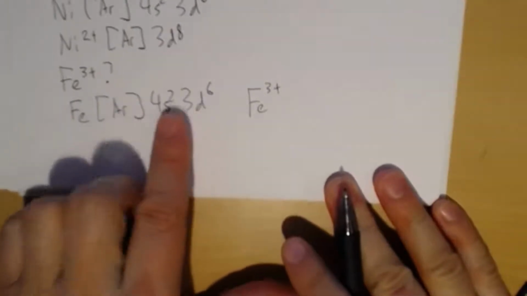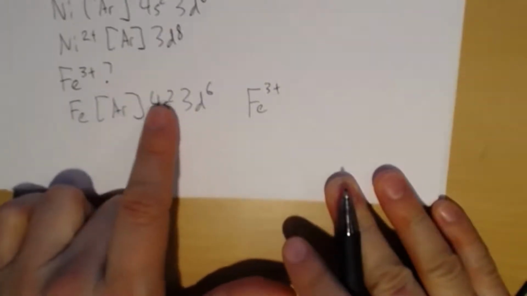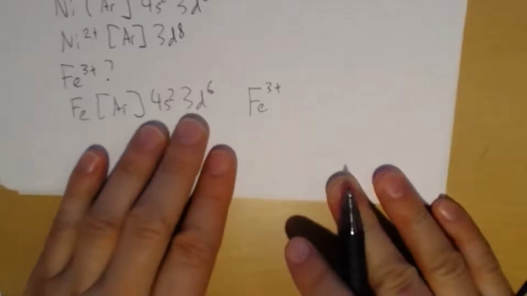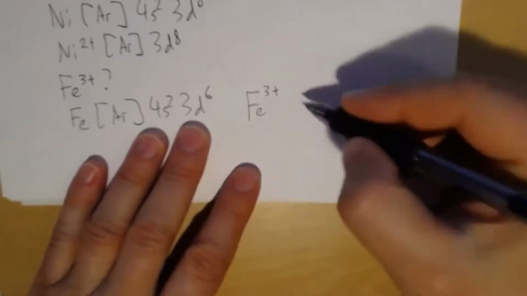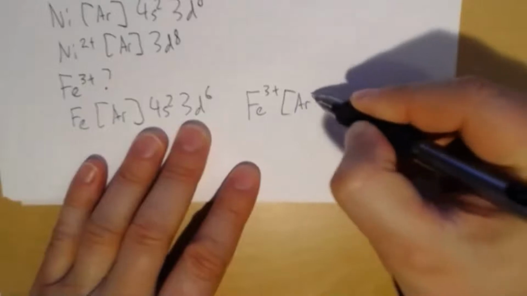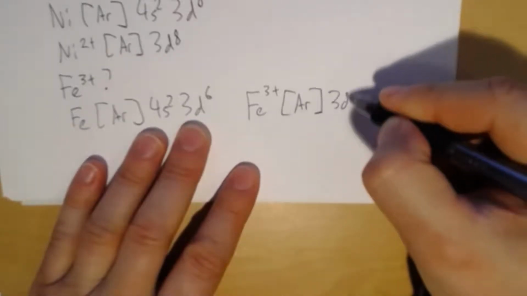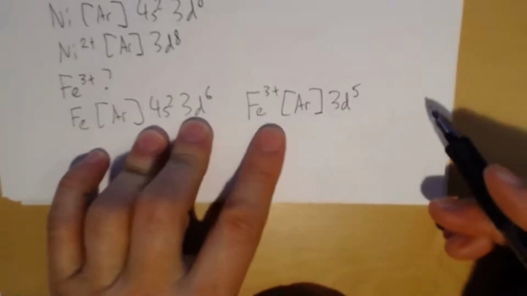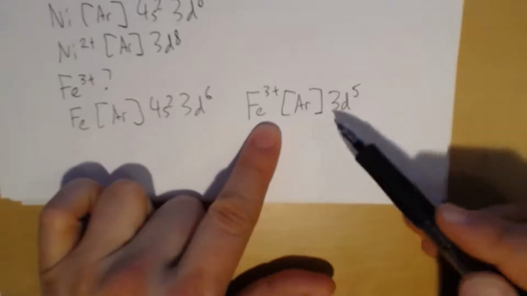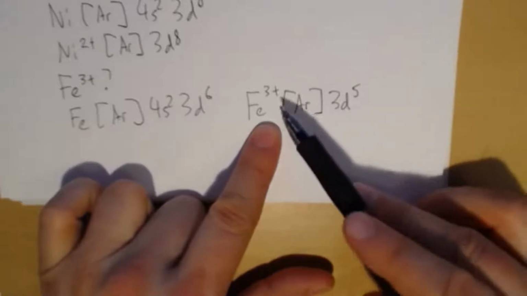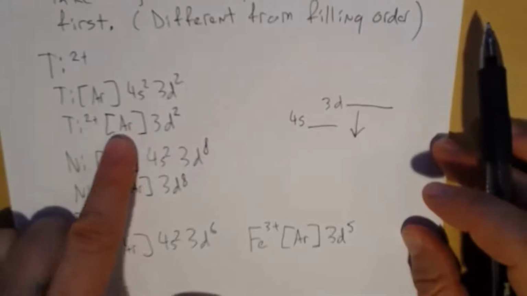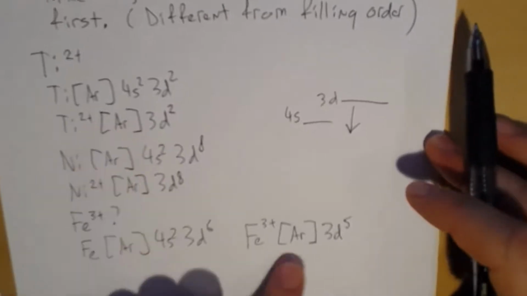First the 4s2, and I get 3d6, but then for 3+, I have to take away one more electron. So what would it actually be? Argon 3d5. Perfect. Sometimes the transition metal ions will react to either get an empty shell like titanium, or to get a half fill.